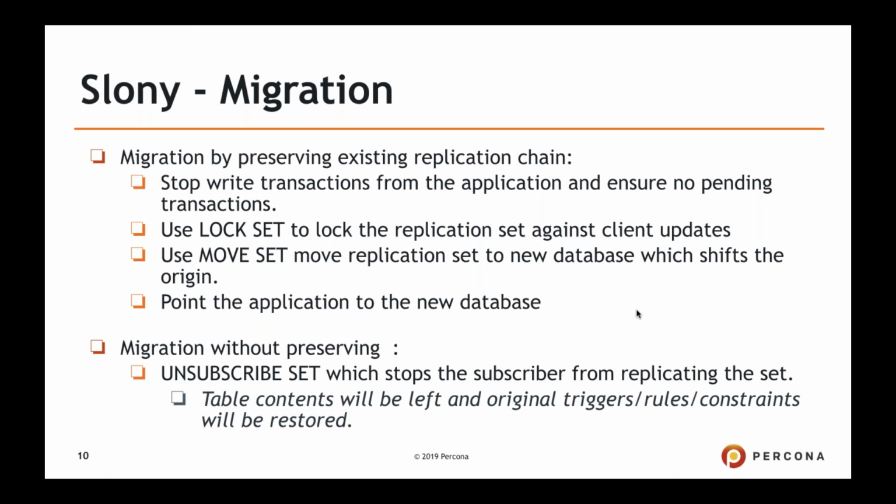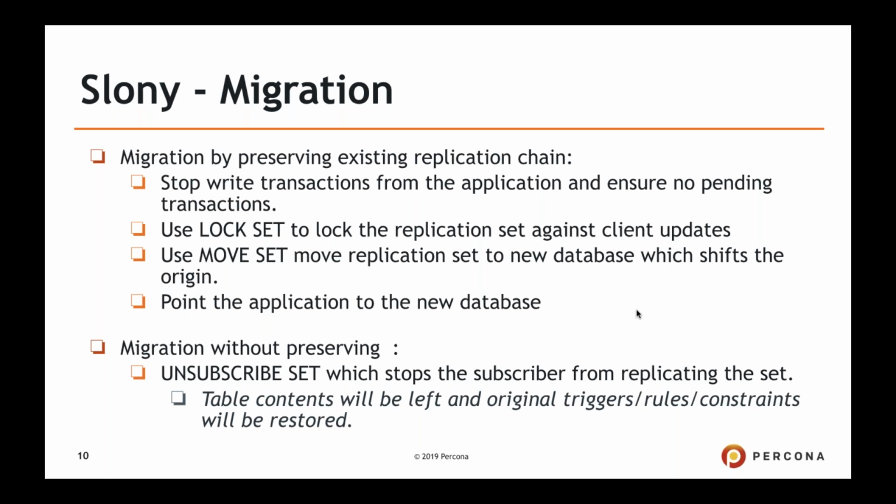So if you have an existing replication chain, Slony has features to transfer that ownership of replication from one node to another node. If you are stuck because you don't know how to do that, this is the way you should approach.